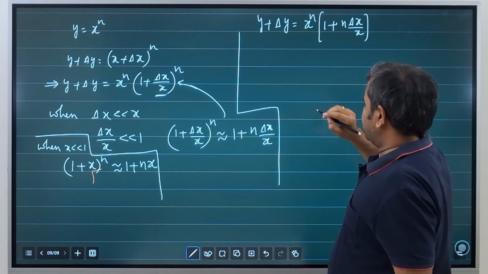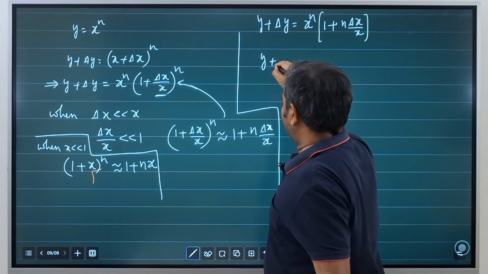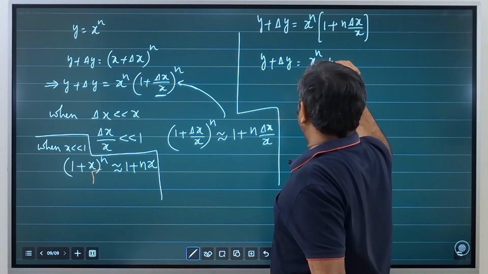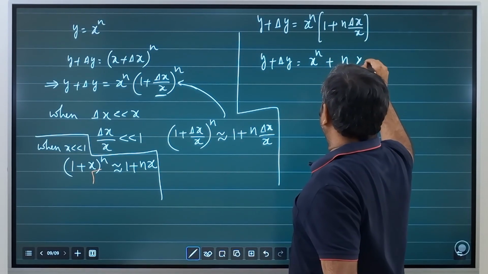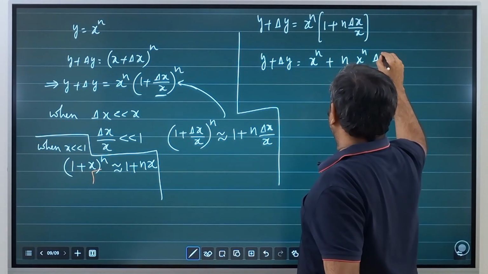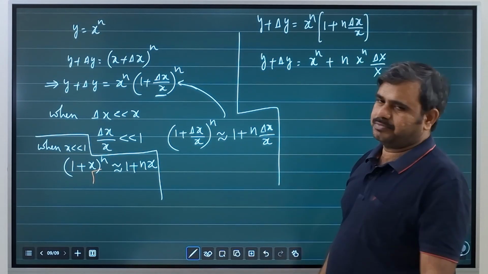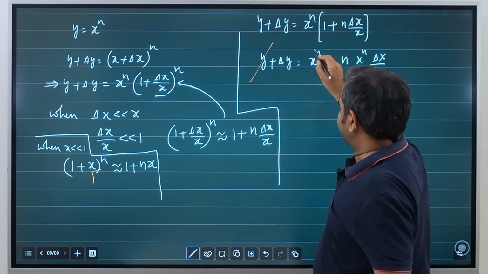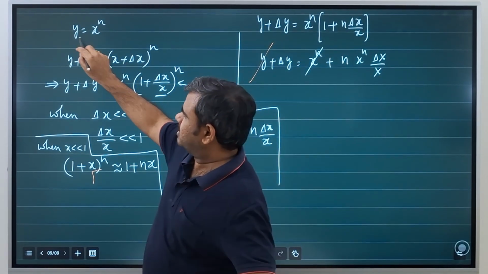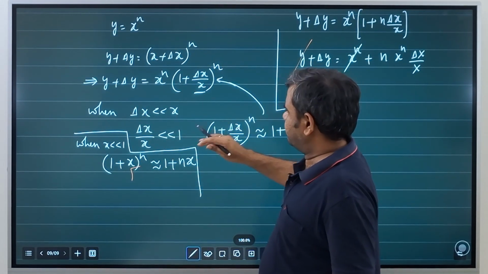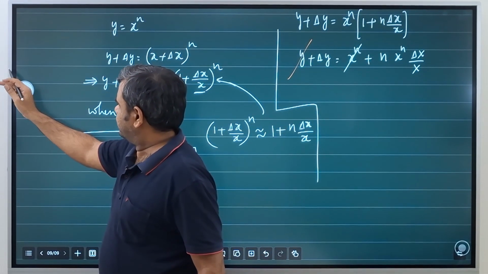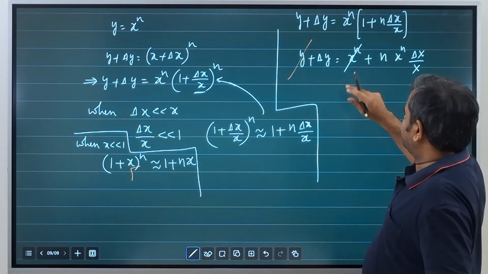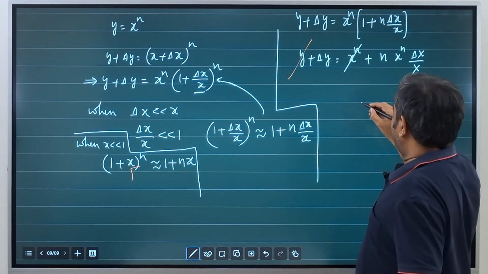Take x power n inside, you will have y plus delta y is equal to x power n plus n into x power n into delta x by x. Since y is equal to x power n, they get cancelled here.